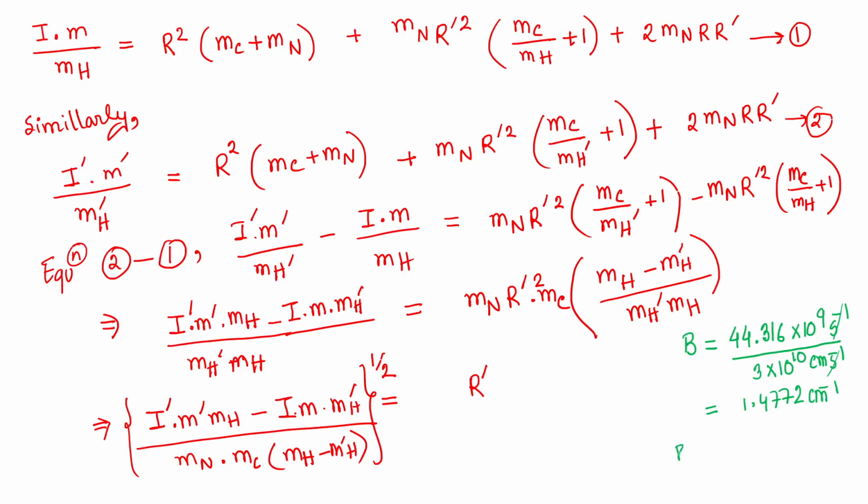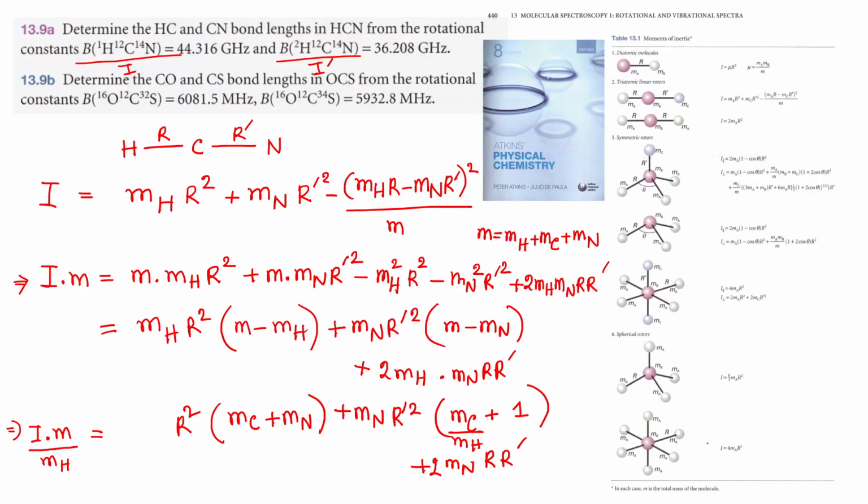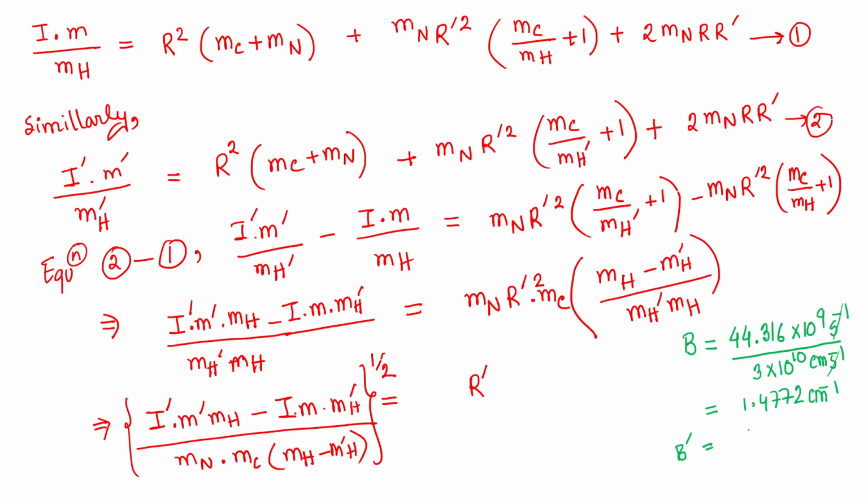Similarly, your B dash is 36.208 gigahertz, 10 to the power 9 second inverse, and that is actually 36.208 divided by 3 by 10, 1.207 centimeter inverse.